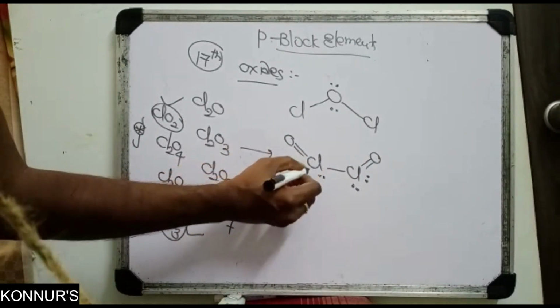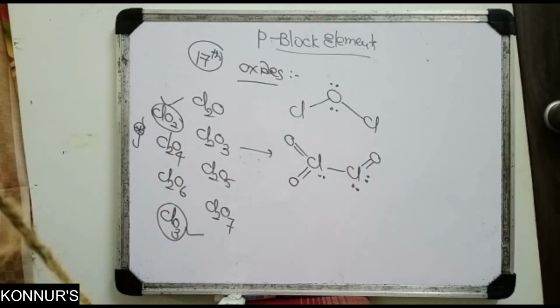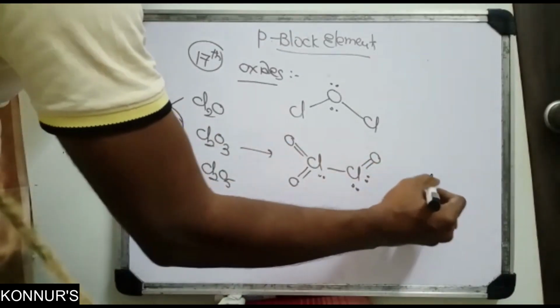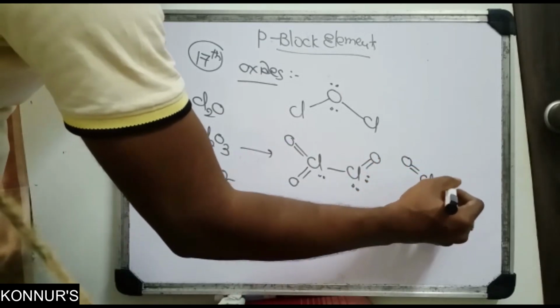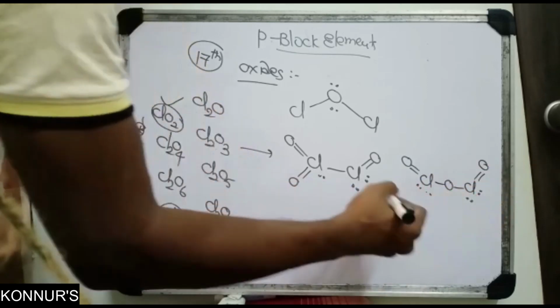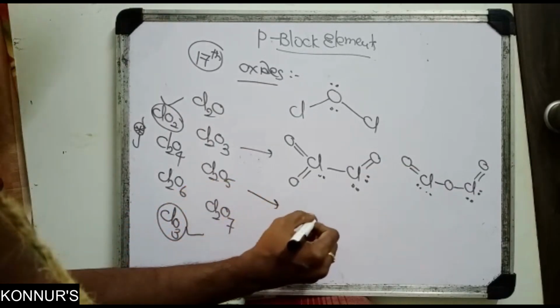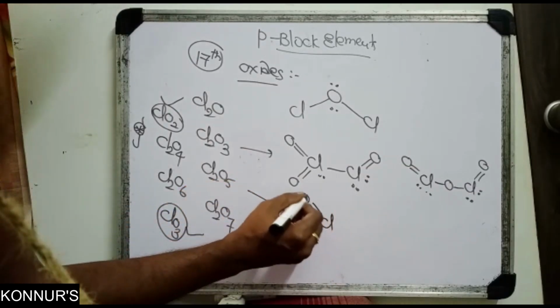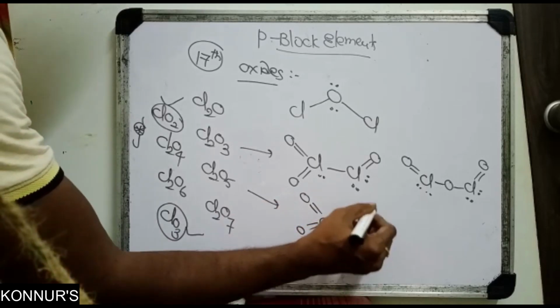Next, here you take it unsymmetrical. Cl2O3. If you want symmetrical, it means chlorine, double bond O, lone pair, middle one oxygen, next chlorine, double bond O, 2 lone pairs. That is Cl2O3. Next, Cl2O5. Chlorine, 2, 1 lone pair, 1 chlorine.